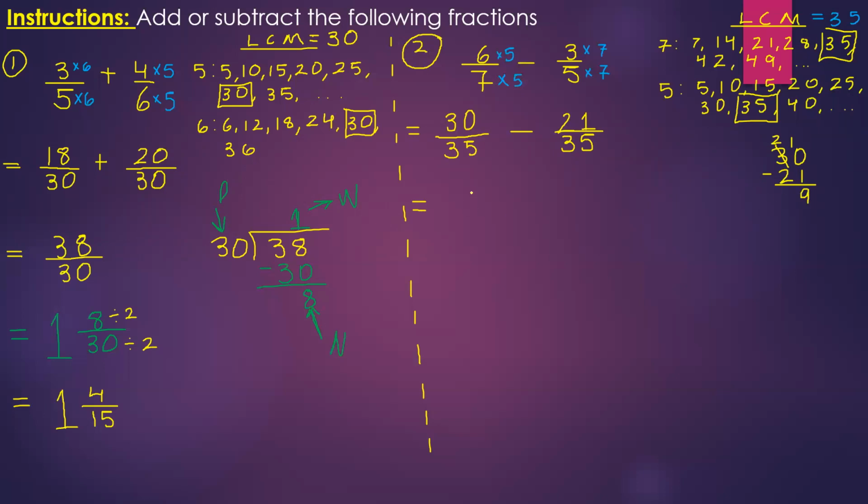It's going to be 9 over what? 35. Good. Is there a number that can go into both 9 and 35 without leaving a remainder? The answer is no. So the answer is 9 over 35.